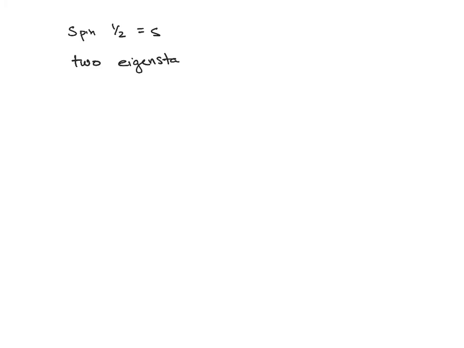Remember, our eigenstates are those things I wrote as S, M on the previous pages. So for our two eigenstates, S has to be 1/2. That is true for both of them. And M can either be 1/2 or M can be negative 1/2. Those are our two eigenstates.